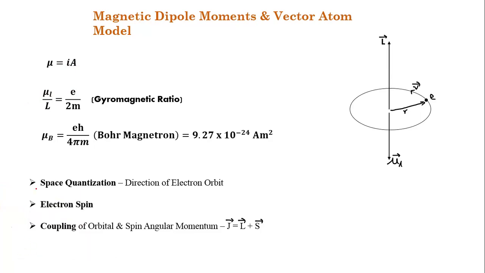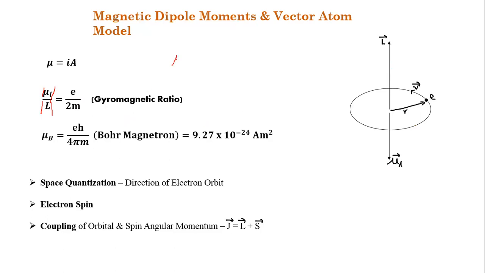We can derive the magnitude of mu L by L, which is e by 2m. As you can see, the L vector and mu L vector are oppositely directed.